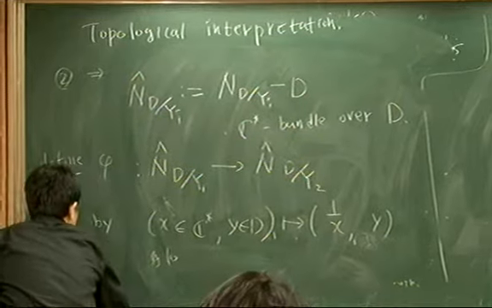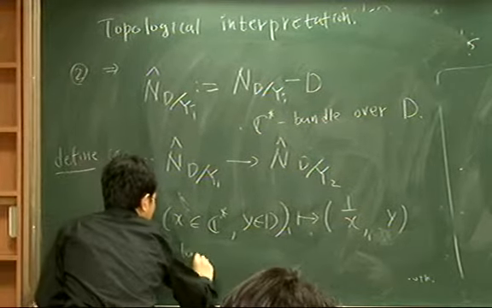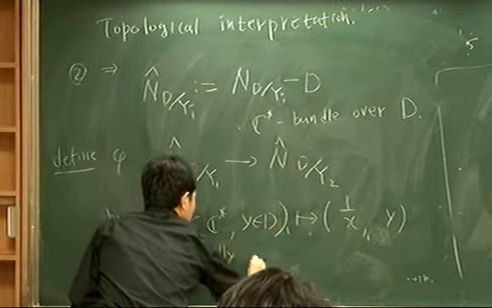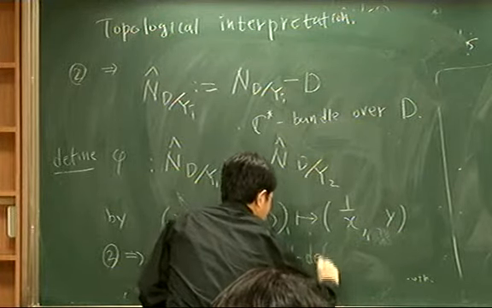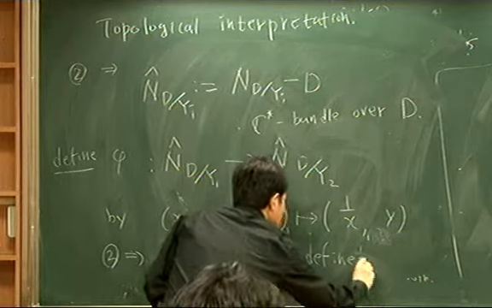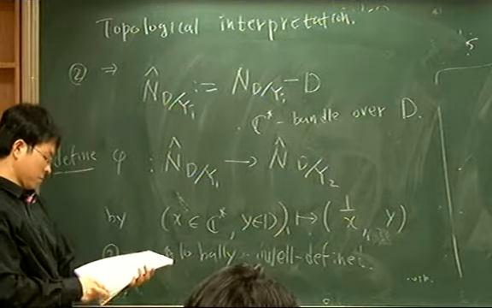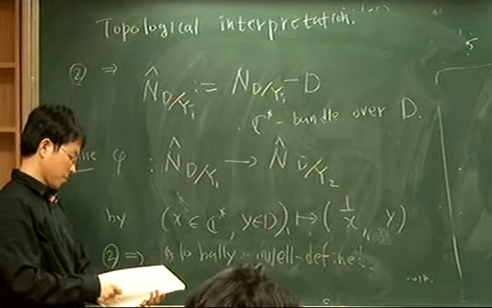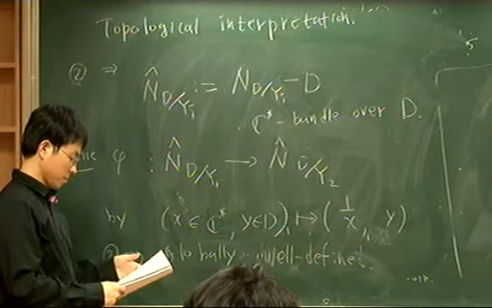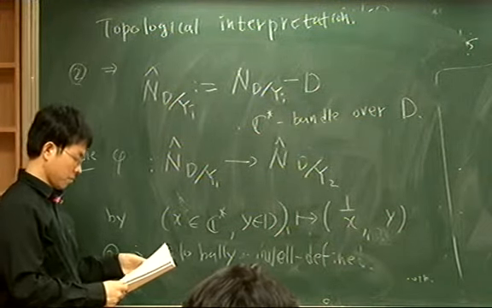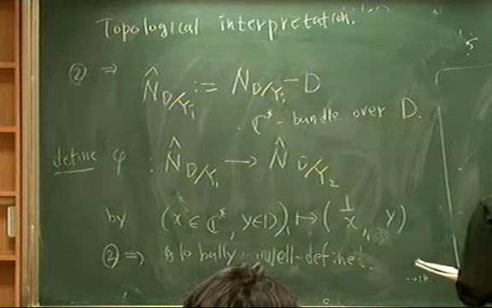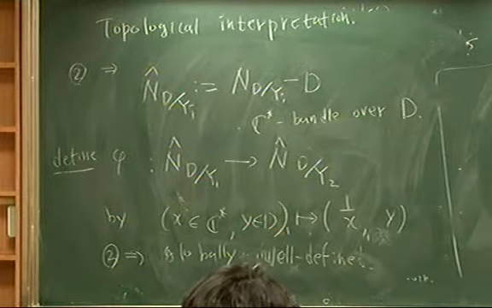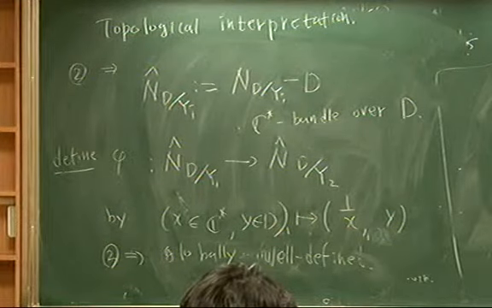So condition 2 means globally. And D is the divisor in Yi.